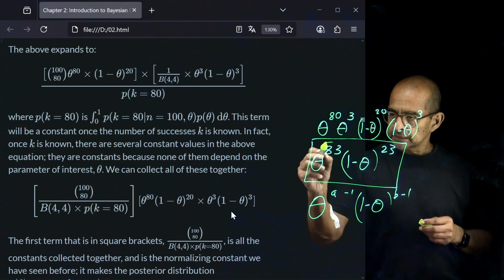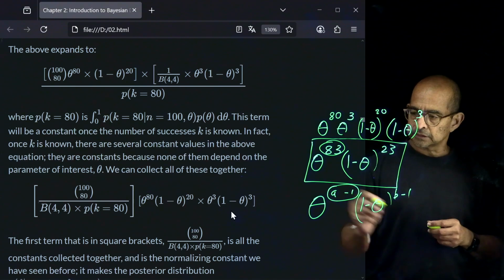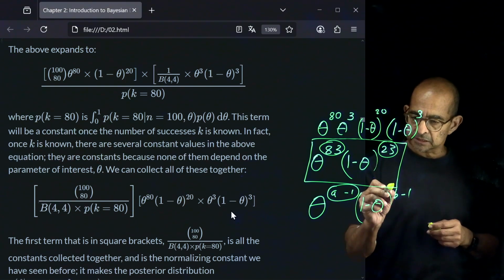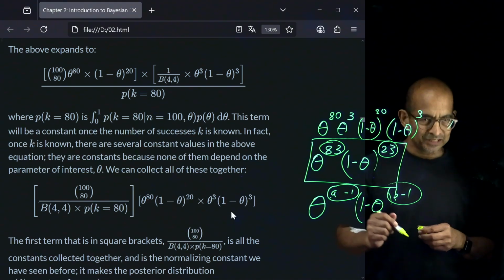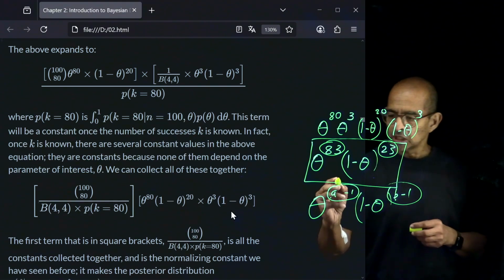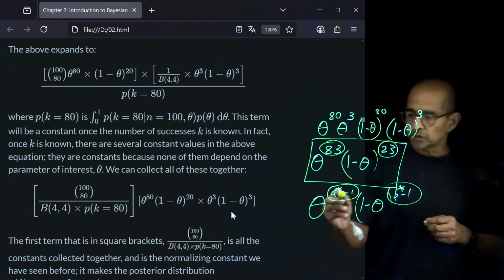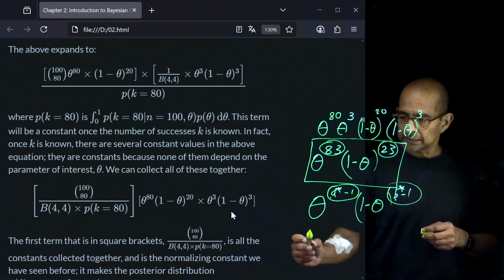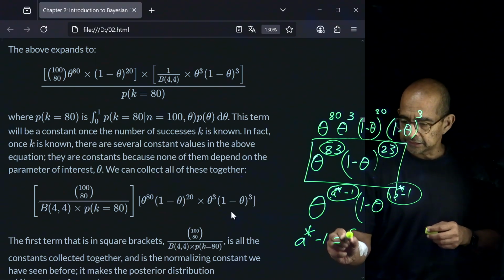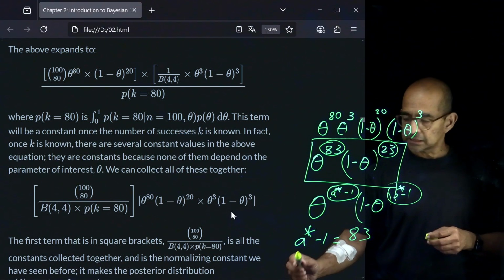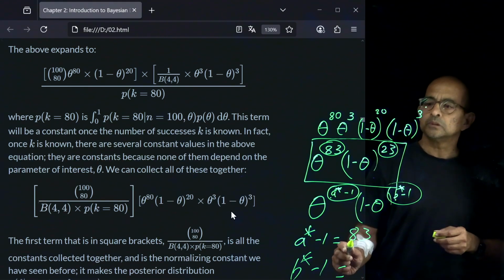So this term represents A minus 1, and this term represents B minus 1. Now A and B were the priors that we defined earlier for the theta distribution. So I'm going to call these A star and B star to distinguish them from the priors. What this means is that A star minus 1 is equal to 83 and B star minus 1 is equal to 23.